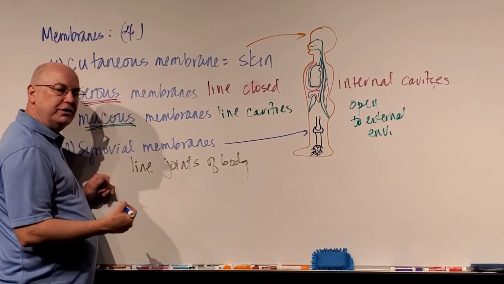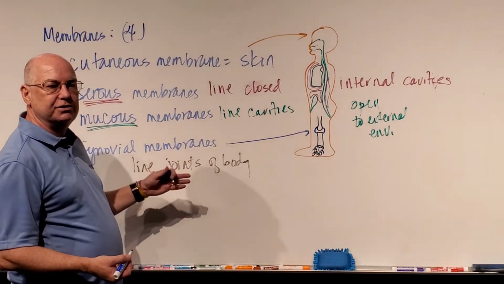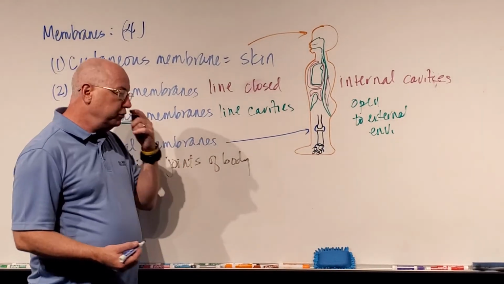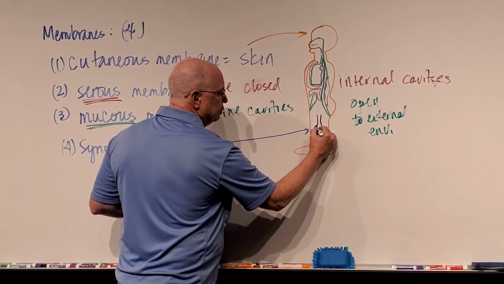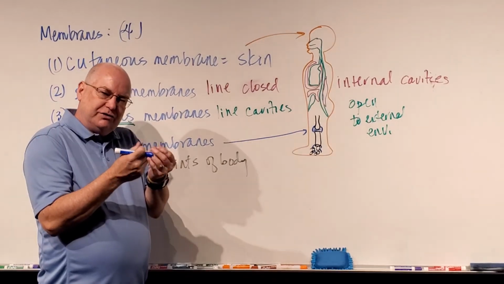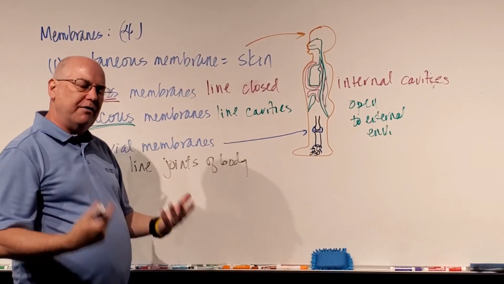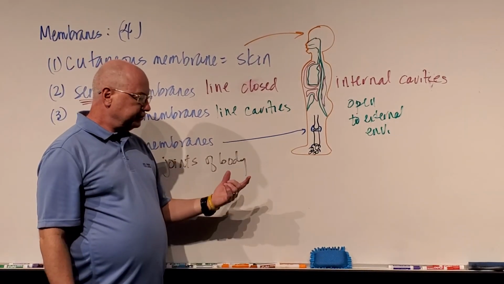And they actually secrete a fluid called synovial fluid or synovium. Well, synovium is the membrane, but the synovial fluid actually lubricates the joint and fills it with a certain amount of this viscous fluid that acts literally like motor oil. It lubricates the joint so everything moves around nice and easy.